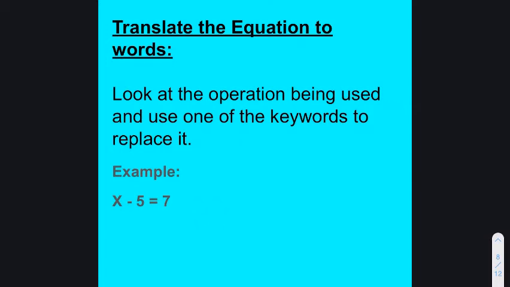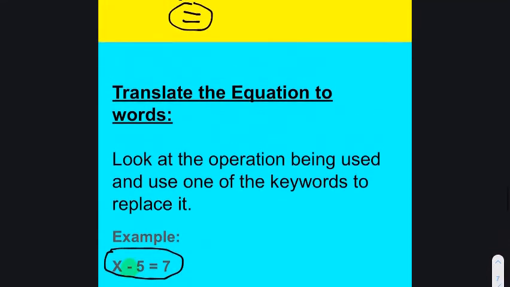So let's write this equation into a sentence with words. Rather than saying the letter x, let's say a number, because we don't know what x is. We know it's a number, but we don't know what the number is. So we'll say a number. Now, this is a subtraction symbol.